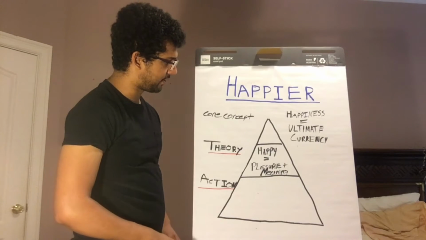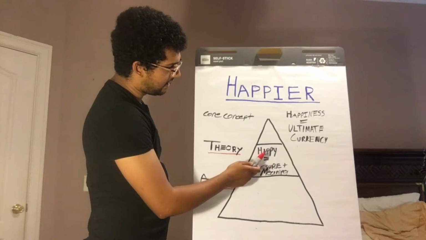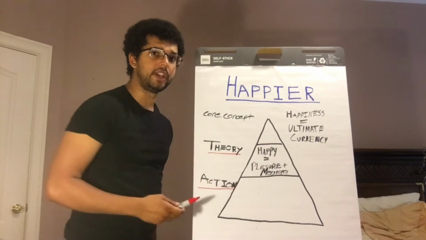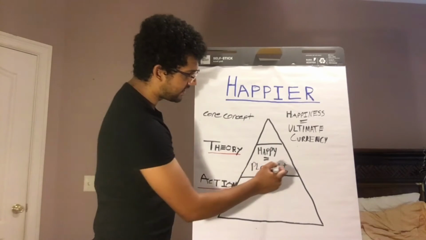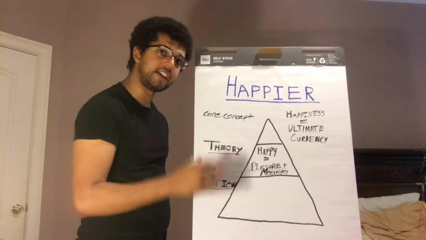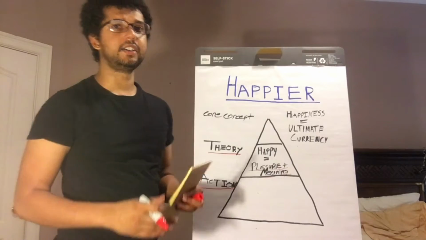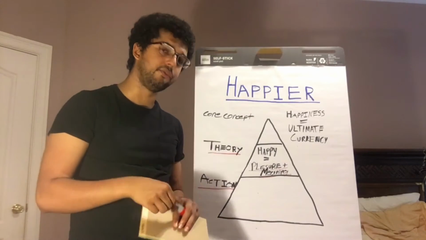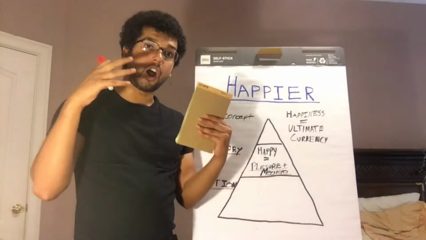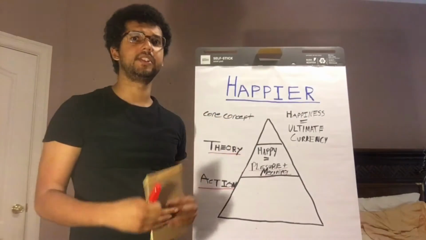Let's get into the theory now. So, what is the happiness equation? Basically, it's present pleasure plus future meaning. In the book, Tal Ben Shahar goes into four thought patterns or archetypes.